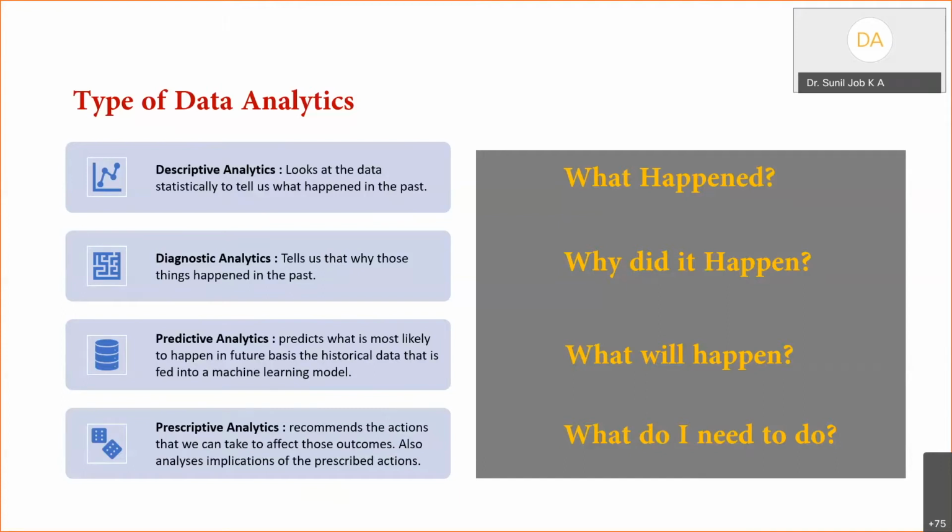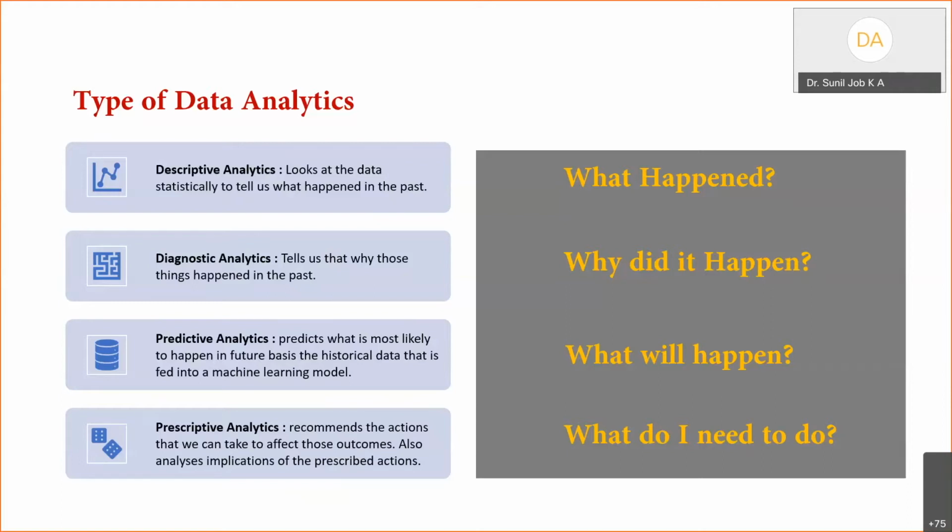The next type of analysis is diagnostic analysis. What is diagnostic analysis? It is a way of connecting the present status to the past. That is diagnosis. So diagnostic analysis focuses on establishing a cause and effect relationship.